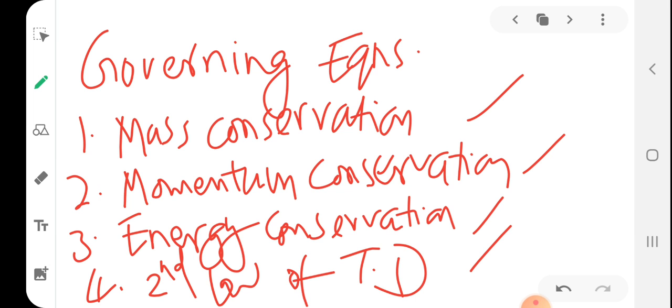The integral and differential forms of these governing equations for a control volume are highly non-linear, partial differential equations, in both space and time. And how to solve them? Getting a general solution for those equations is practically non-existent.